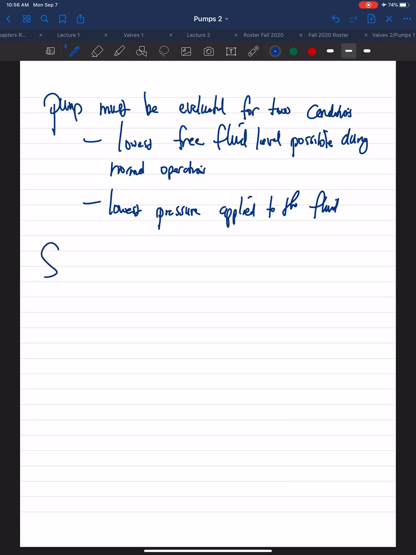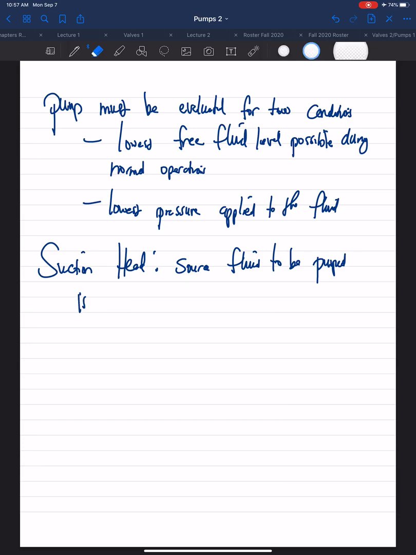Okay, let's go to suction head. So we said when the source fluid to be pumped is above the pump, we refer to this as head.